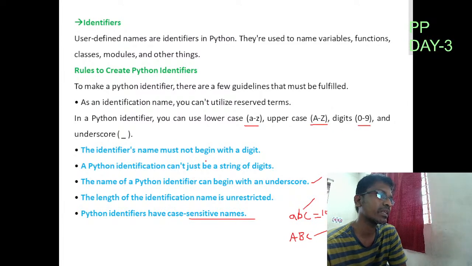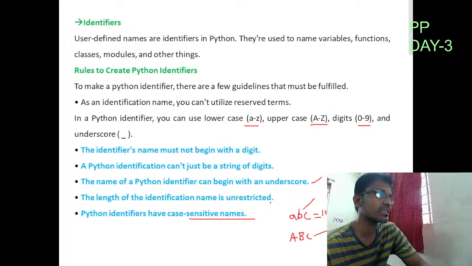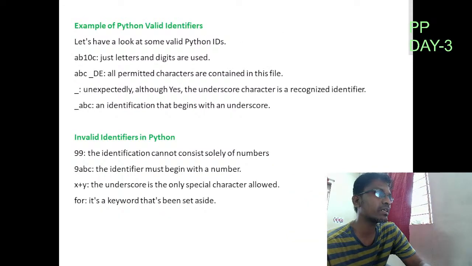But the identifier must not begin with a number, and it can't be just a string of digits. Similarly, the length of the identifier name is unrestricted, so we can use variables of any length. Let us see what are valid identifiers and invalid identifiers.